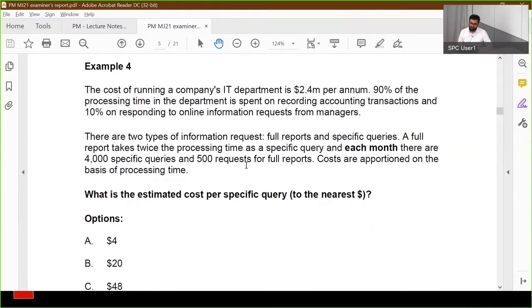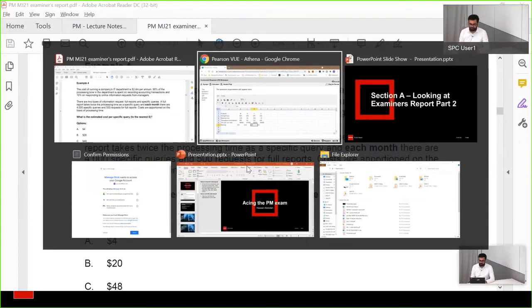If we identify what type of topic is tested, I would say that although they have tested the information and management system section, it is a general costing question which tests your mathematical computations while calculating cost for any specific unit, like in this question, cost per specific query. So let's do this question.